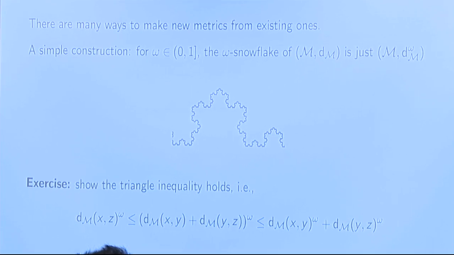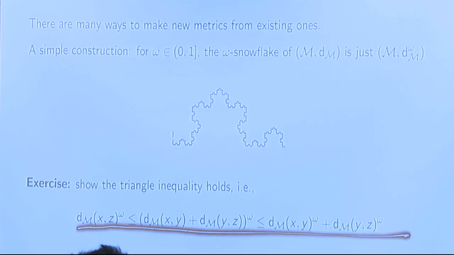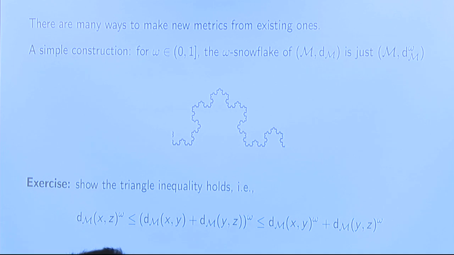It's a relatively simple exercise to verify the triangle inequality still holds. It's called the omega snowflake of a metric. So this is one simple way you can take a metric and derive new metrics from it. As far as I know, it's called this, and again, maybe Asaf can correct me.